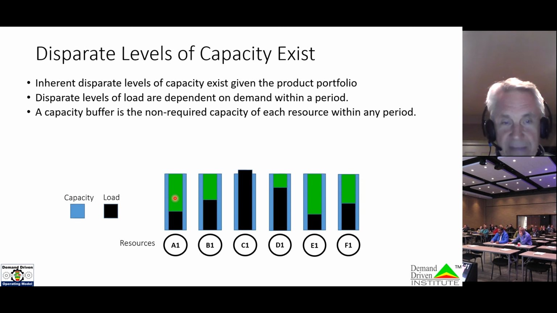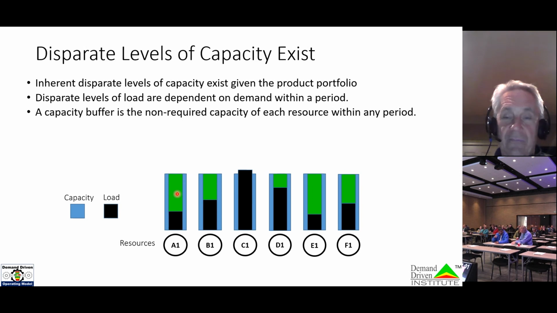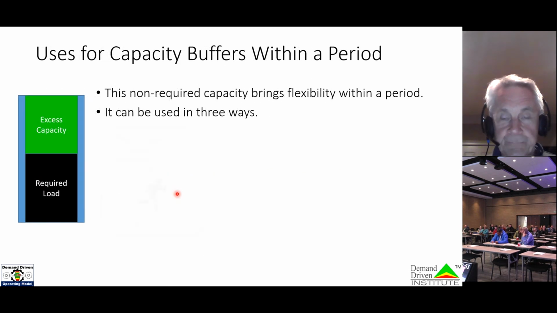And that excess capacity is good stuff. Even though finance may tell you we want lower cost per unit produced, so get every resource working actively, it doesn't really work that way for us. And if we don't have some capacity buffers within our environment, we're actually going to be introducing more problems.